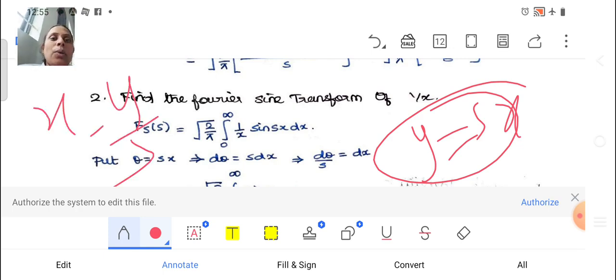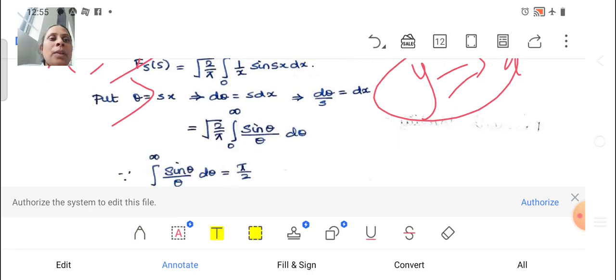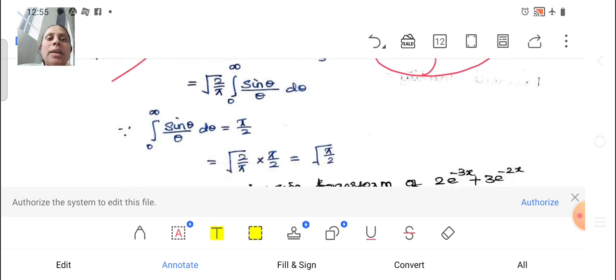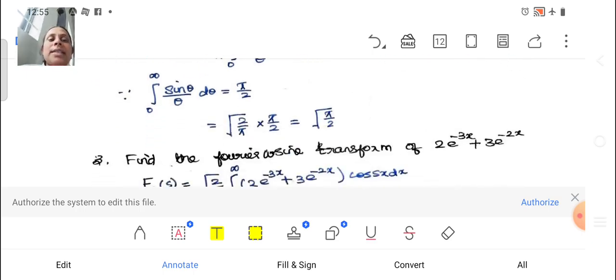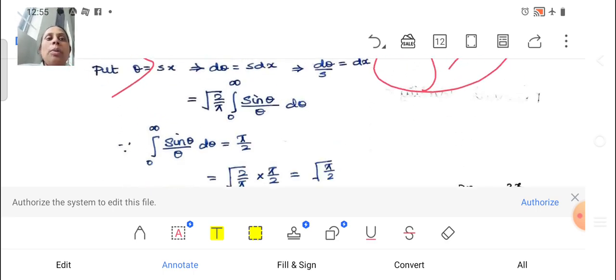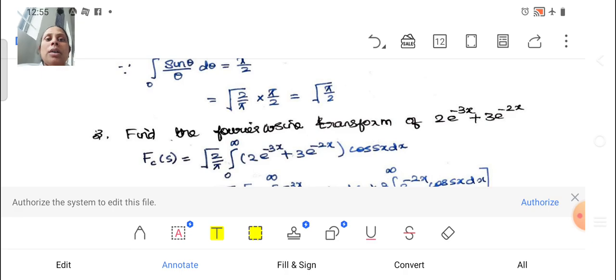Similarly d theta is s times dx, so d theta divided by s equals dx. After substitution we get root 2 by pi, integral 0 to infinity, sin theta by theta d theta. The value of the integral from 0 to infinity of sin theta by theta d theta is pi by 2. So here we have root 2 by pi into pi by 2.